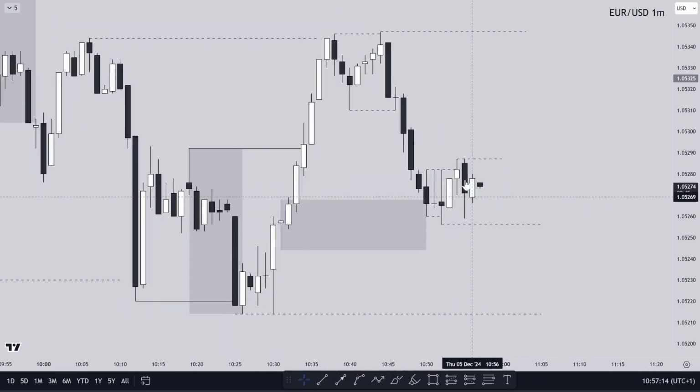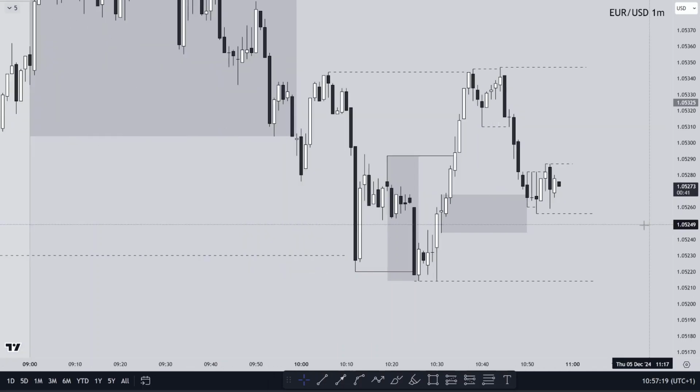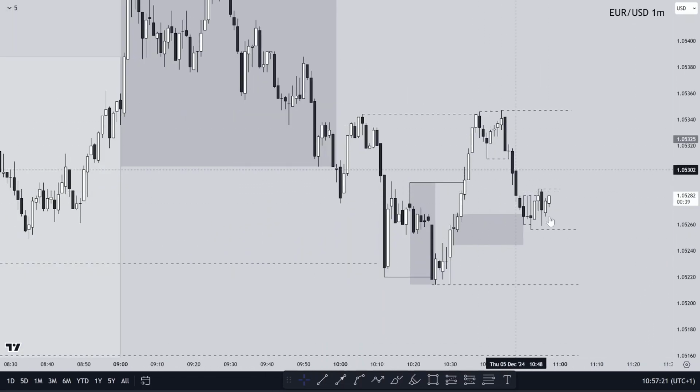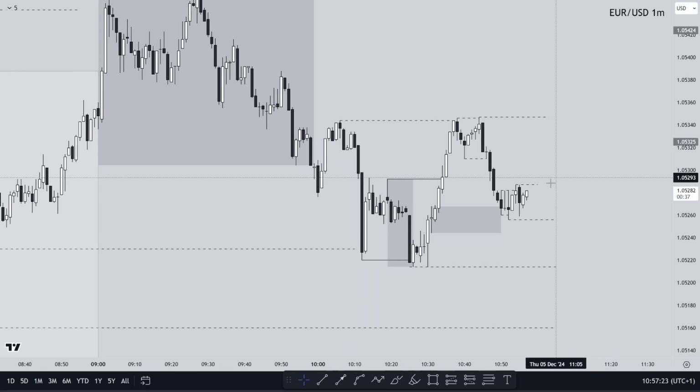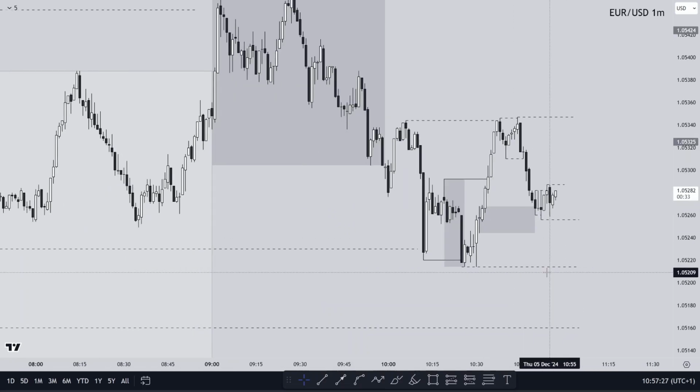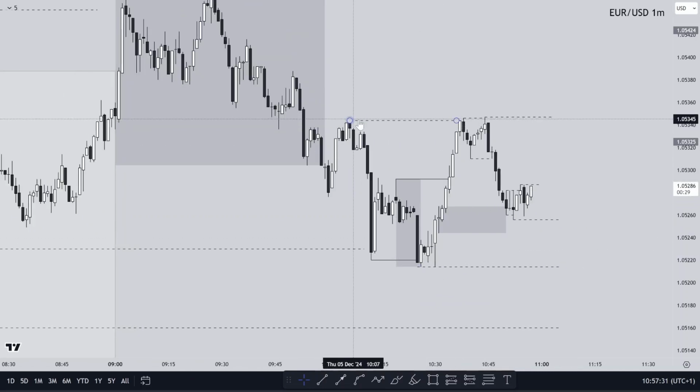It's a 50-50 situation, price can go up or down. From a major point of view, I think price has more chance to go lower because price didn't break this level and this one too.